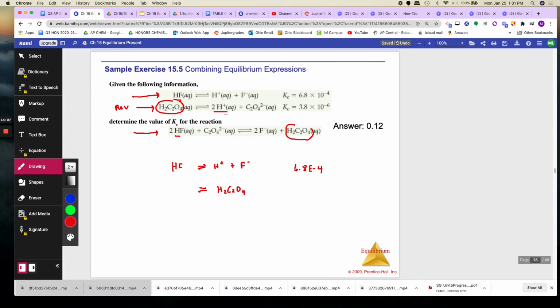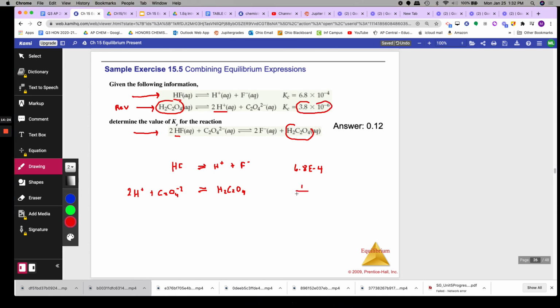And then this will go on the left side. Okay, so if I reverse it, then this I must take what? What should I do? You're right, the inverse of it. 1 over 3.8 E negative 6. Okay?